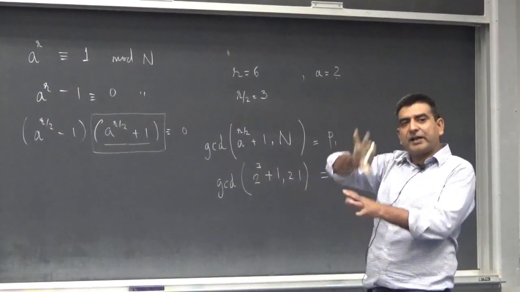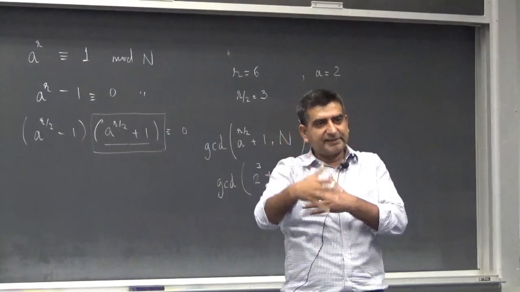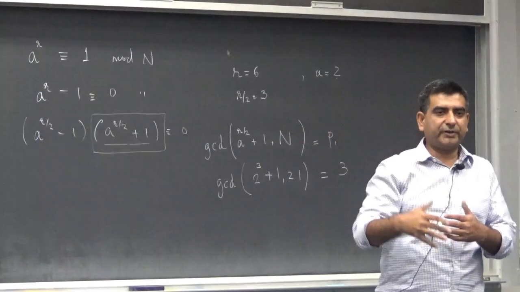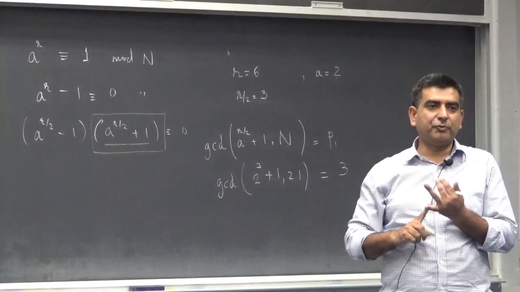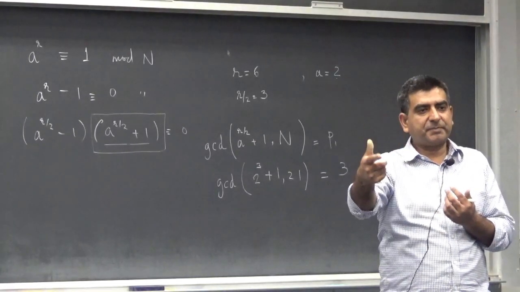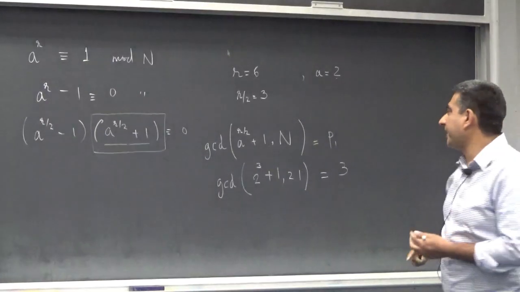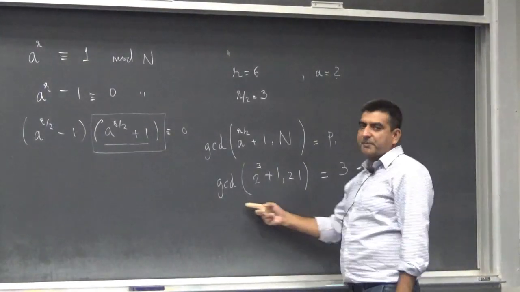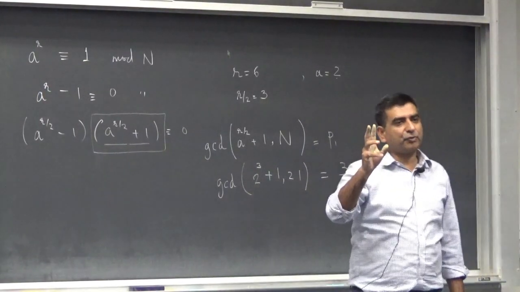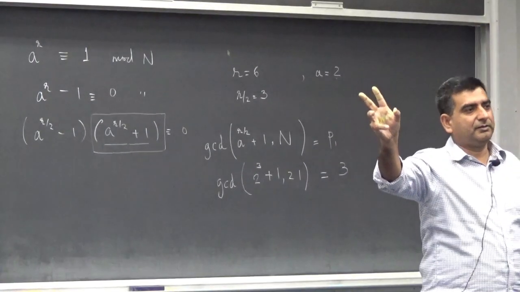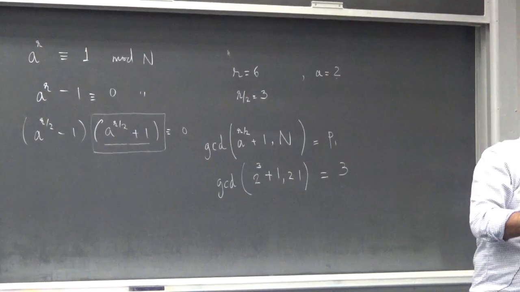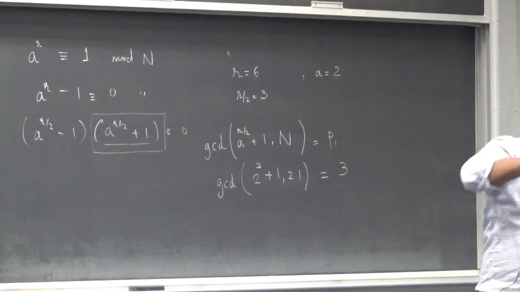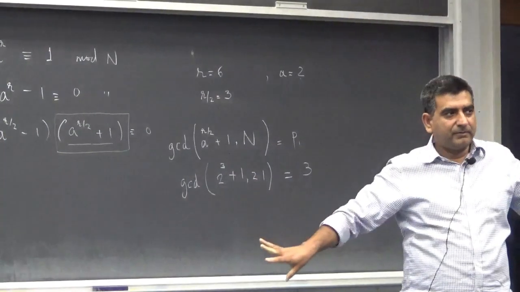So after you've done the measurement, you run these classical routines. It's efficient to do a continued fraction expansion. It's efficient to find the greatest common divisor because there is an algorithm known from Euclid's times, 2000 years ago. It's called Euclid's algorithm, which helps you find the highest common factors. All of the other terms are all nice.